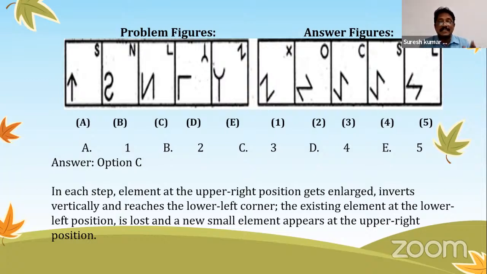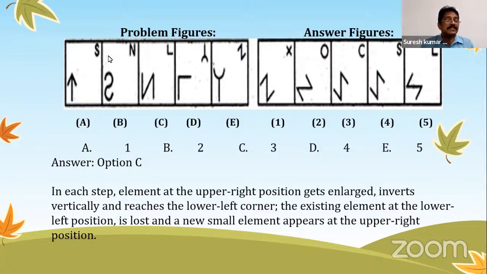The existing element at the lower left position is lost. So here an arrow is there. Observe it, the arrow is in the lower left position. It disappears and a new small element appears at the upper right position.